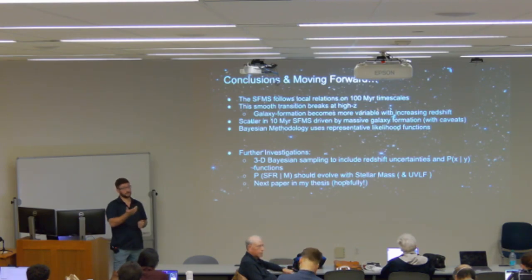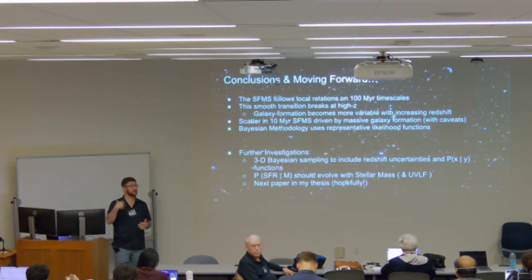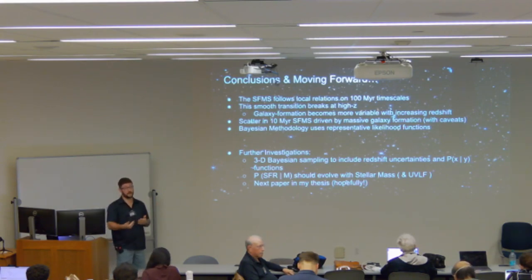Right. That's a great question. It's something that we haven't tested, but we have tested perturbing the photometry, basically treating the error on the photometry as 1 sigma, and then resampling the photometry and refitting. And you can get up to a 20 to 50% increase in star formation on both timescales.